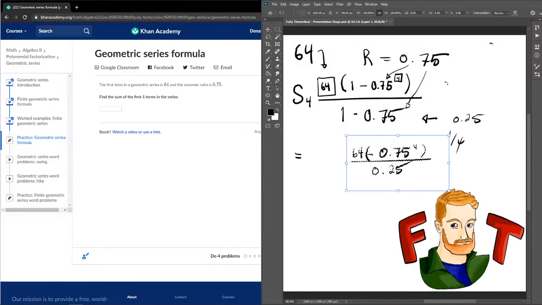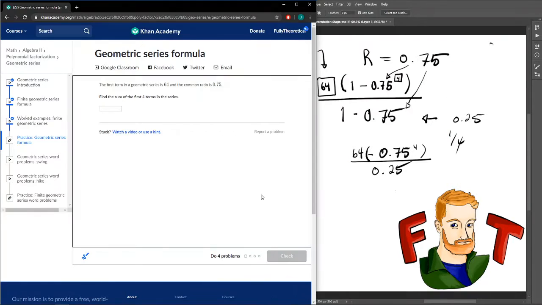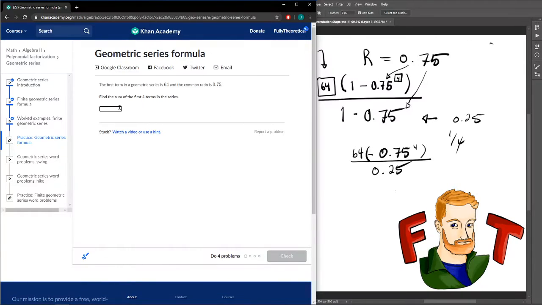Looks good. Okay, so they're looking for an actual decimal amount.